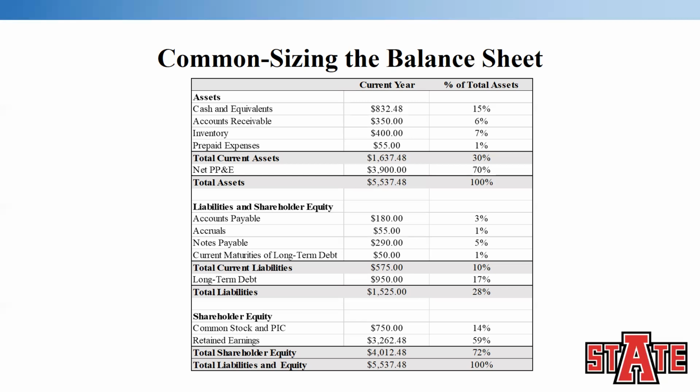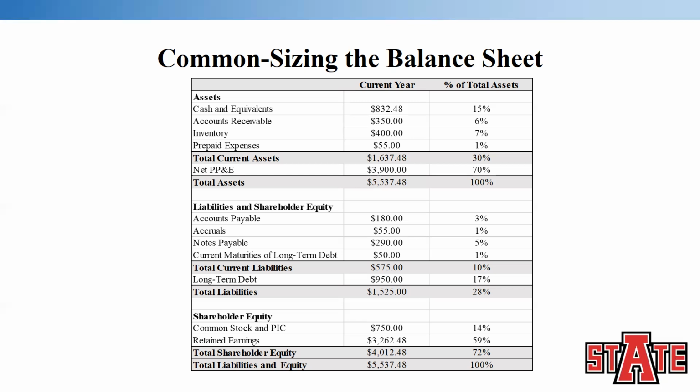Common sizing the balance sheet has a lot of benefits. It makes these large numbers a little more manageable to interpret. Also, we can compare our company's balance sheet financing across time as we grow or shrink. And we can also compare ourselves to our peers.